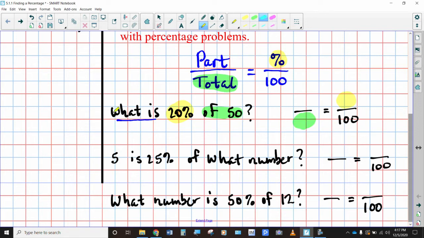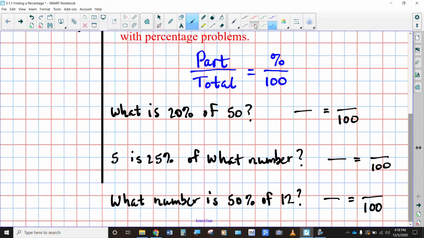And the "what is" part has to do with the part of the total, which goes right here. They have to give you 2 of these 3 parts in order to solve these problems. If they don't give you 2, you're not going to be able to use these strategies to figure out the missing parts.